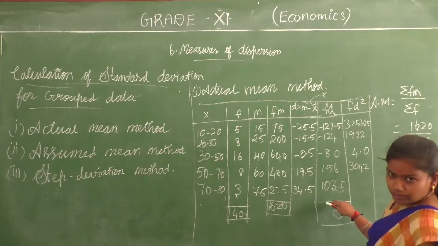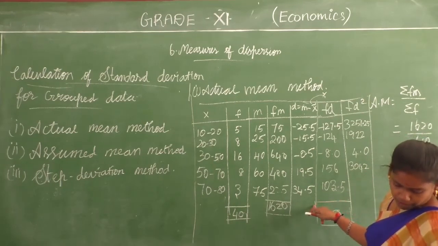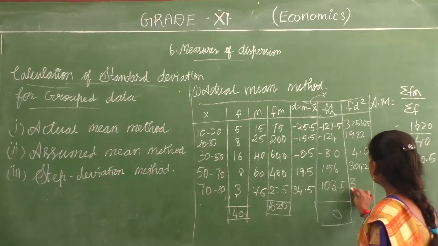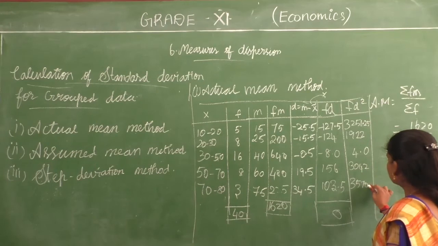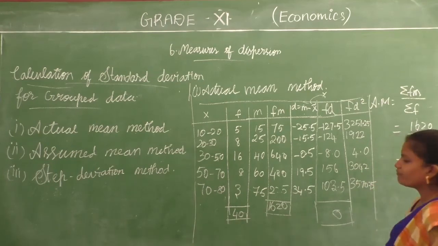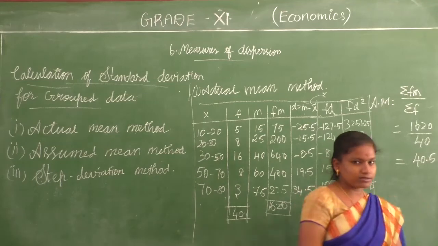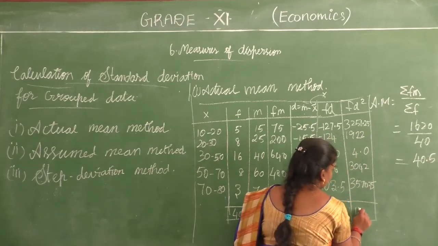Finally, 103.5 into 34.5 will give you 3570.75. Now you have to find the summation of it. Summation of FD squared is going to be 11,790.